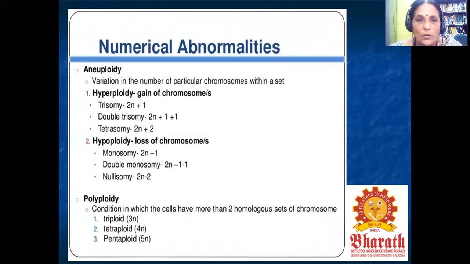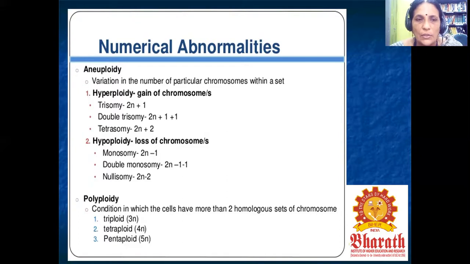First we see the numerical abnormalities, which are changes in chromosome number. What is aneuploidy? Aneuploidy is variation in the number of a particular chromosome within a cell. This is classified into hyperploidy, which is the gain of a chromosome or chromosomes.